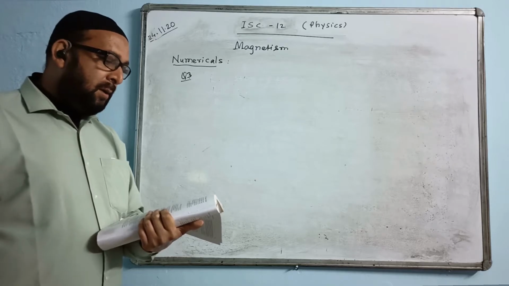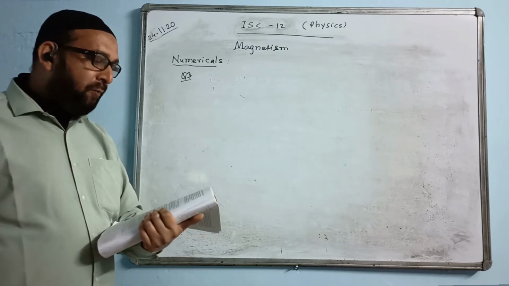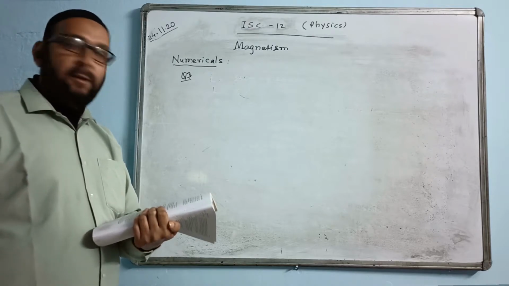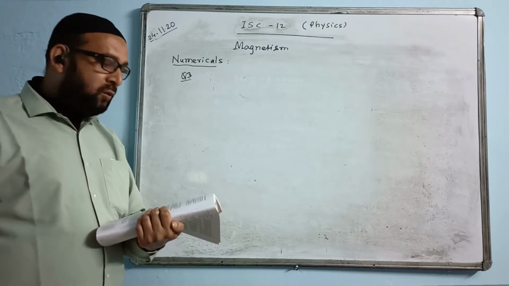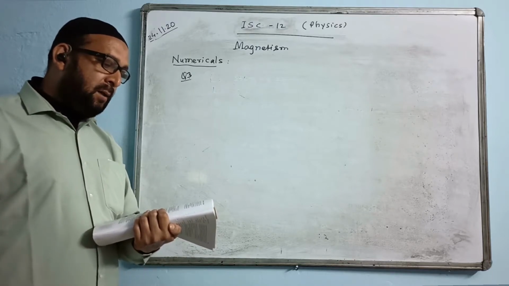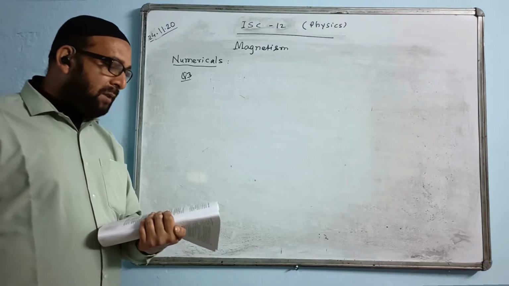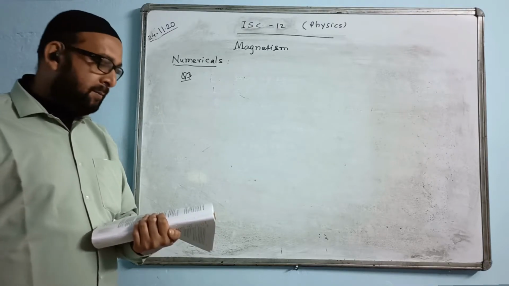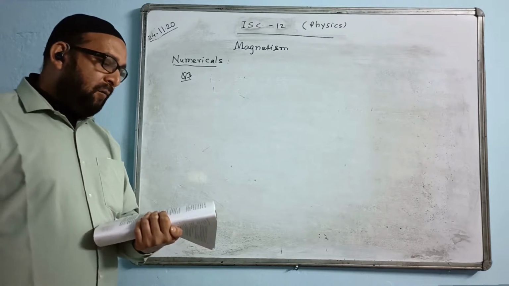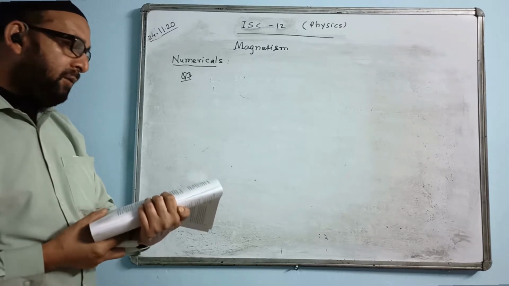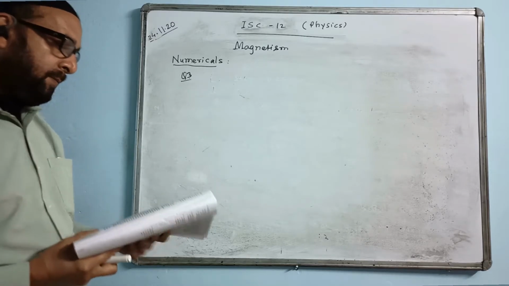It is placed in a uniform field of 0.02 Tesla, which makes an angle of 30 degree with the wire. Find the force per unit length of the wire.